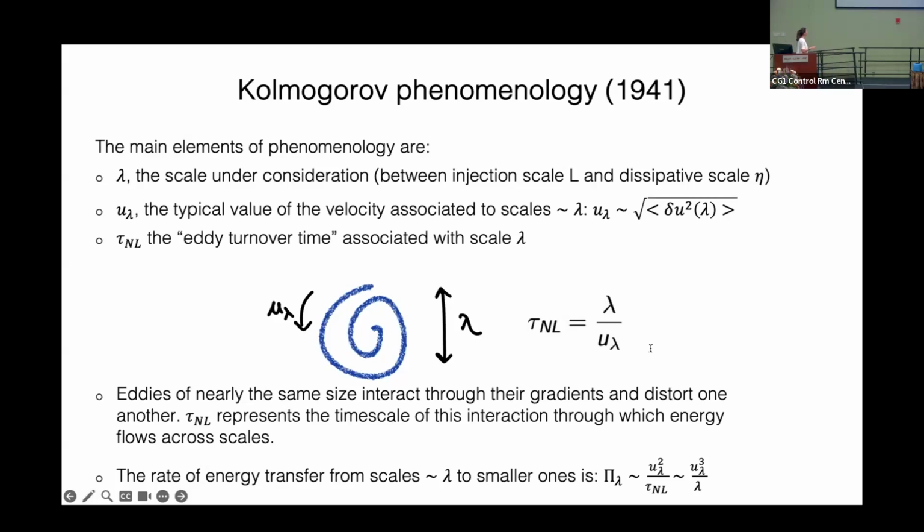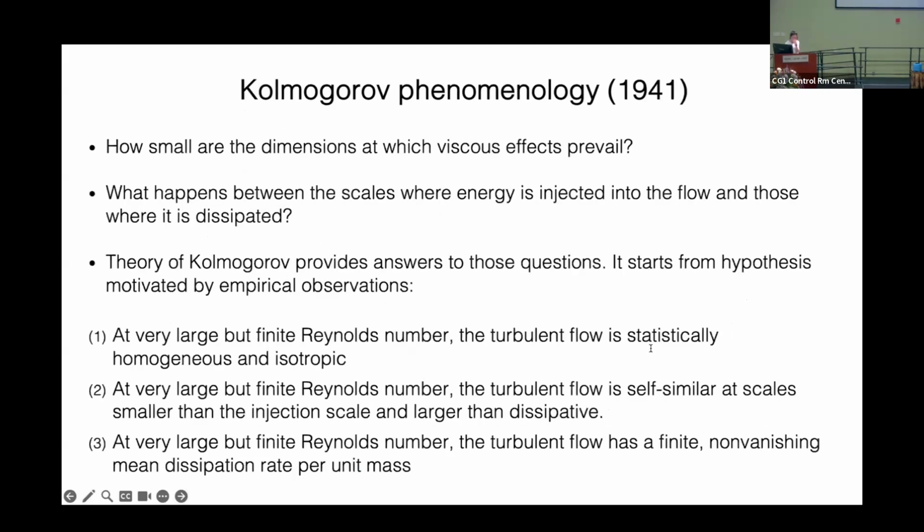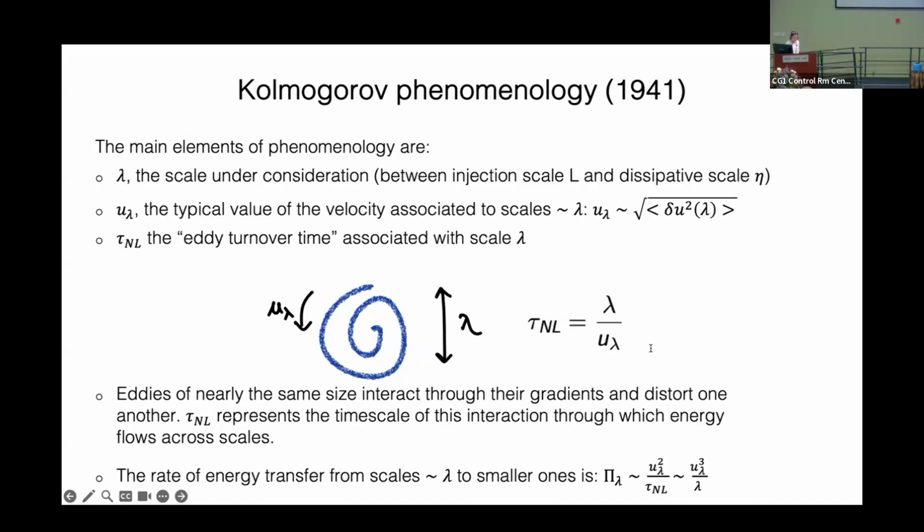I'm going to refer to this also as the nonlinear advection time. So it's lambda over u lambda. It comes from u dot grad, essentially the inverse of that. And so these are the three elements.